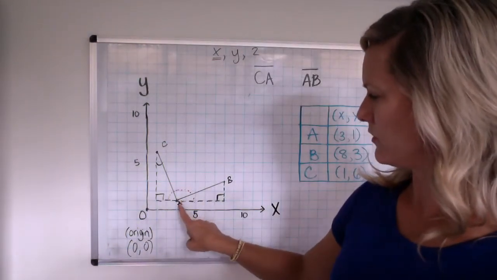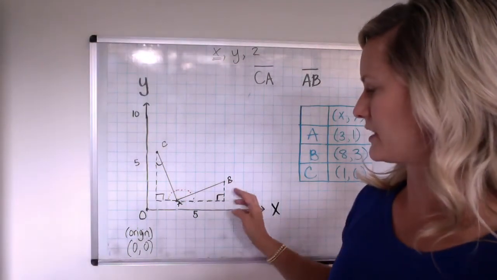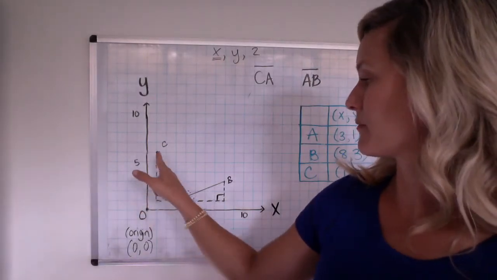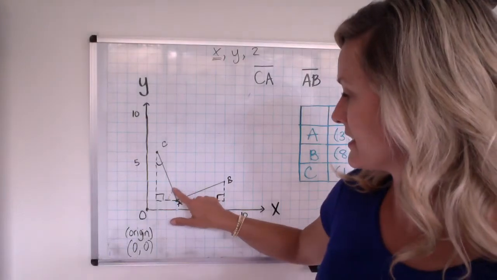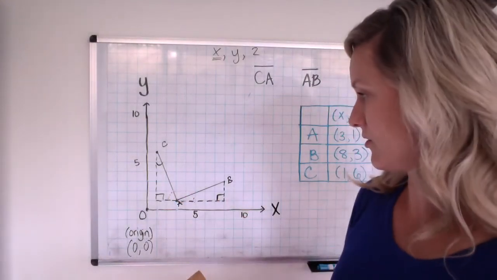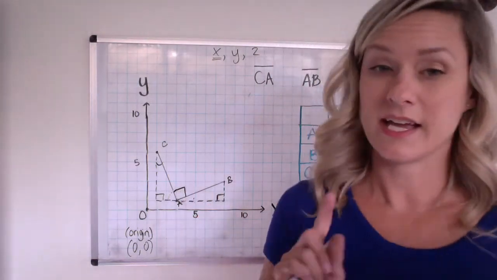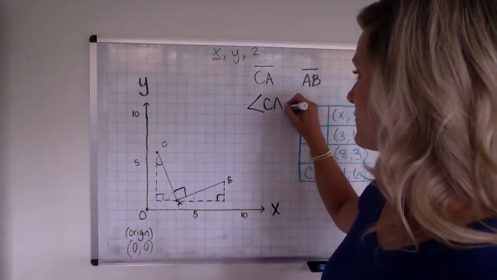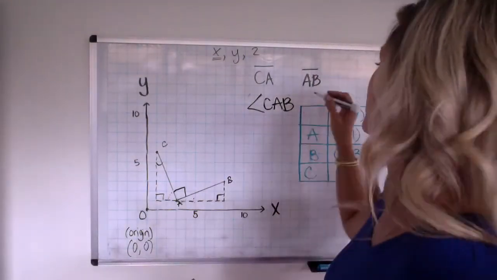If we know that this is 90 degrees and A and B together would make 90 degrees, and these together must make 90 degrees, we can figure out that this angle right here, angle CAB, must equal 90 degrees.